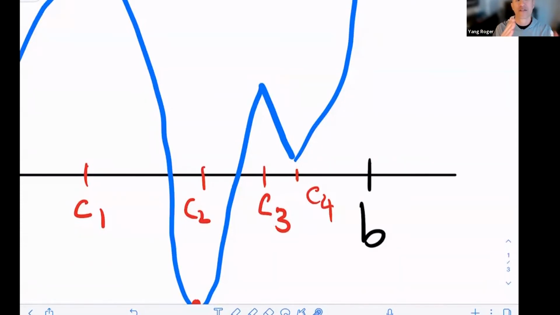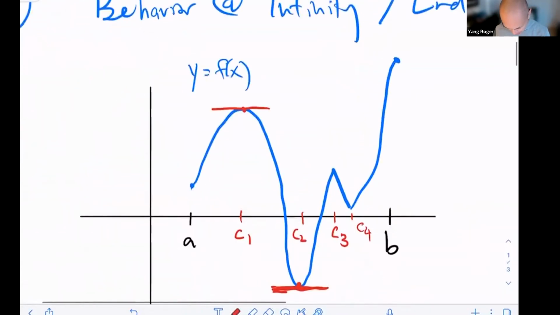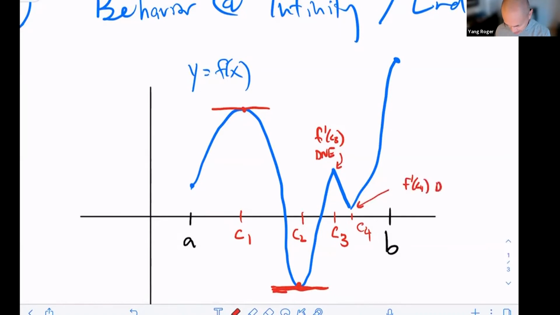Those 2 answers aren't the same. So the derivative does not exist here. So at this point, f prime of C3 does not exist. Same thing at C4, f prime of C4 does not exist. Again, it's a corner, it's a cusp. Are there any questions about that?